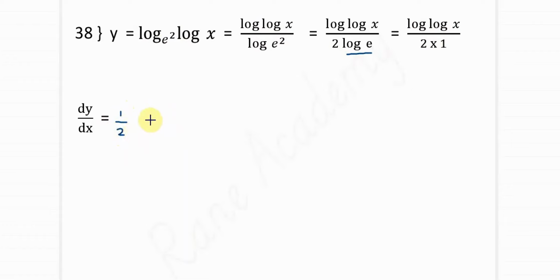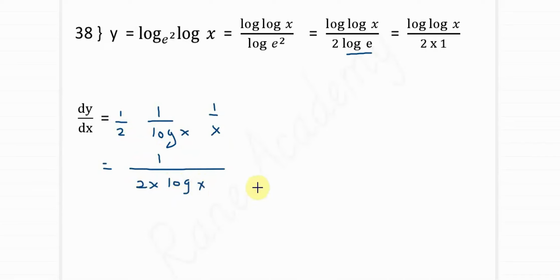The derivative of log x is 1 upon log x, and further the derivative of log x is 1 upon x, and hence we get our final answer as 1 upon 2x log x. So using property of logarithm, we can simplify and easily differentiate.